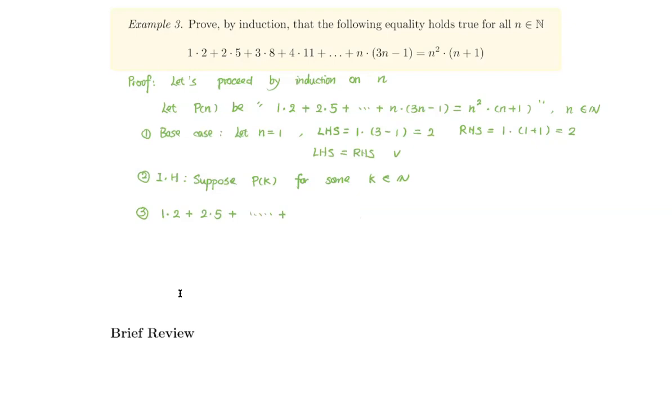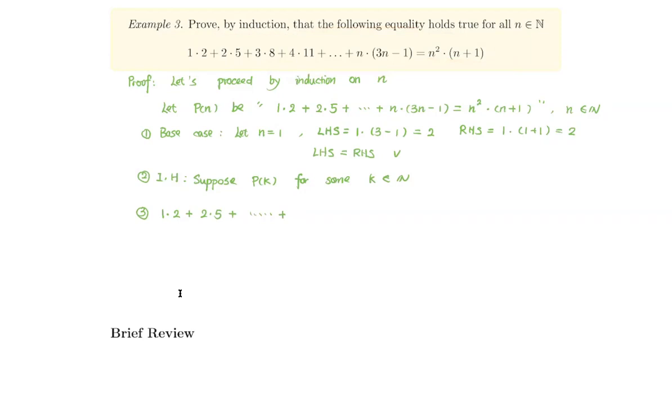Let's talk about it first, and I'll continue writing as we reach the point. First of all, you need to tell me what your P(n) is. You just remove the quantifier, and what's left is your P(n): 1 times 2 plus 2 times 5 plus ... plus n times (3n minus 1) equals n squared times (n plus 1). This whole thing is your P(n).